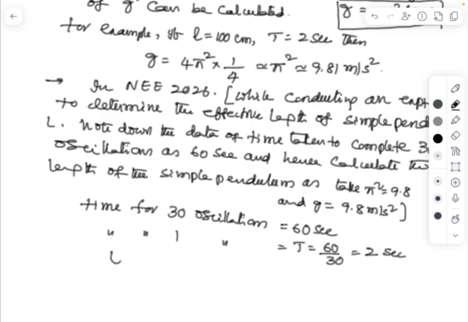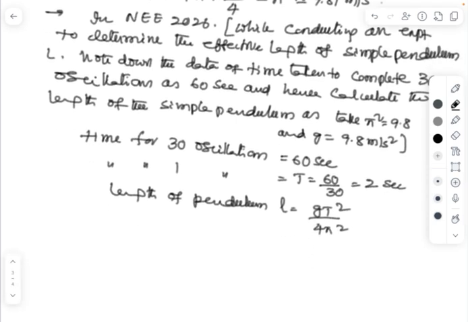Now the length of the pendulum: L equals g T square by 4 pi square equals 9.8 into 4 by 4 into pi square, 9.8, equals 1 meter or 100 centimeter.